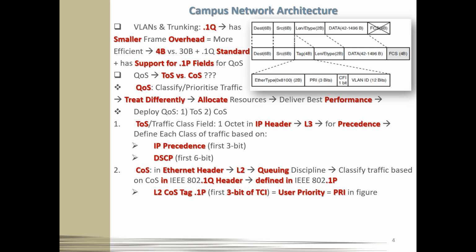And for that, you need to configure a policy map. So you define each class of traffic in what we know as a class map, and later you define a policy map to specify how you want to treat them. Different class maps are defined based on criteria such as IP precedence or DSCP.